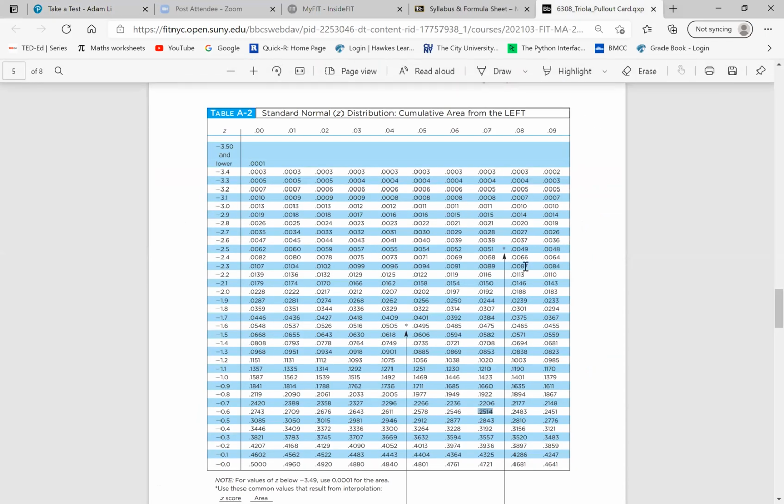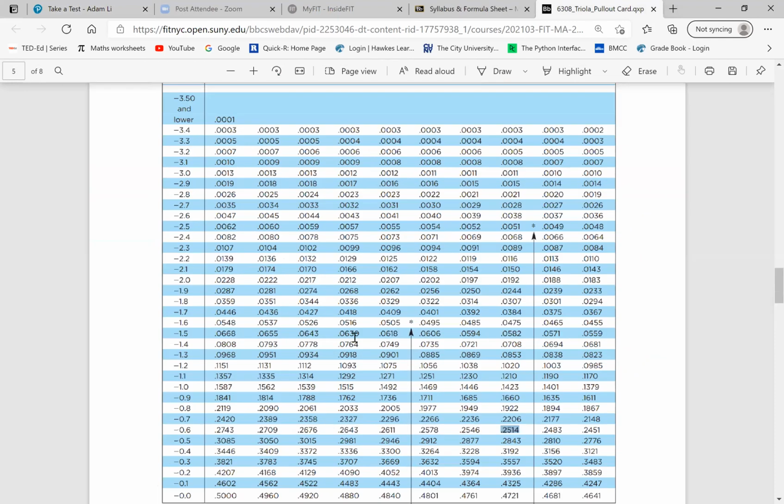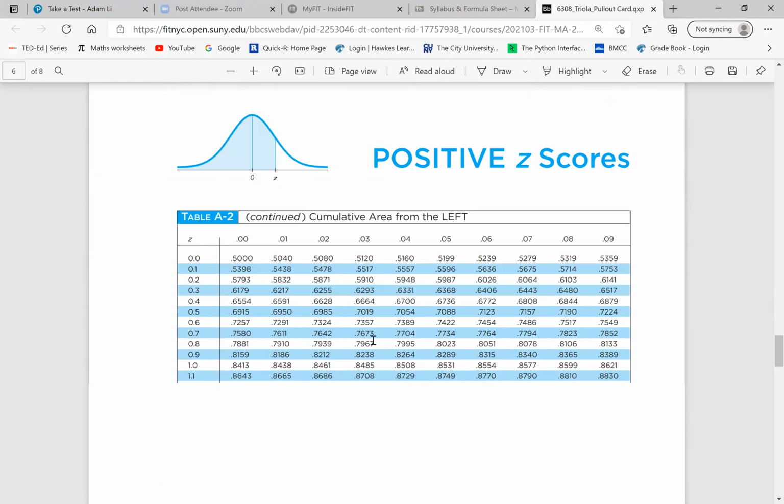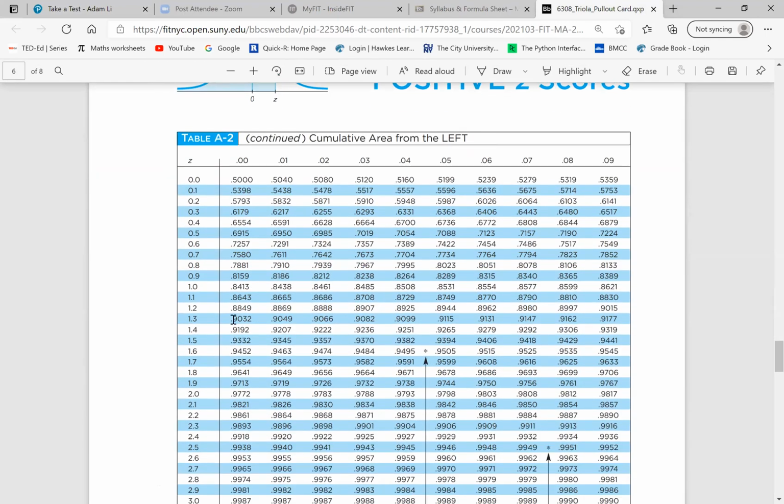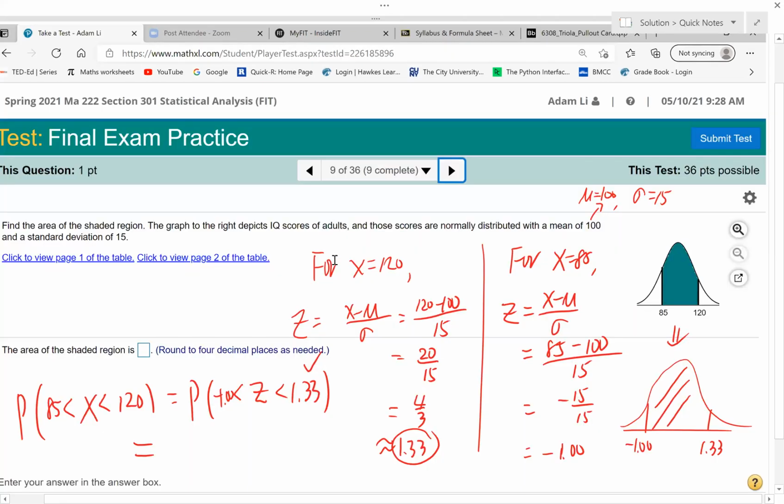Look for 1.33 first. So go to the second page of table A2, 1.33. It's 0.9082. So that's the bigger z-score, 0.9082. Let's mark that.